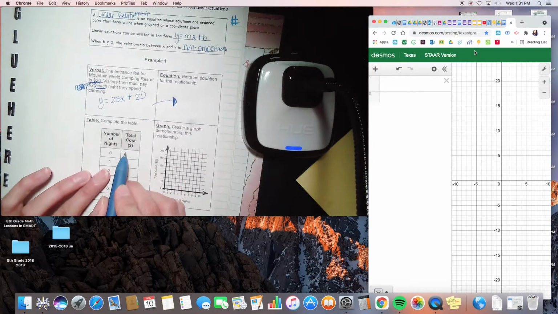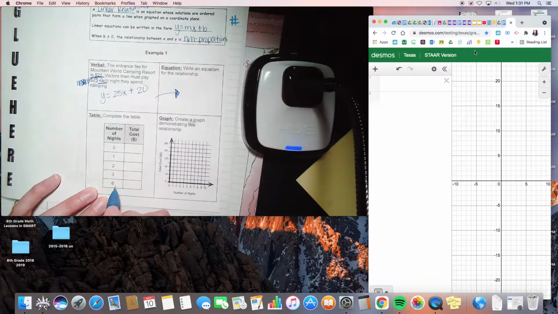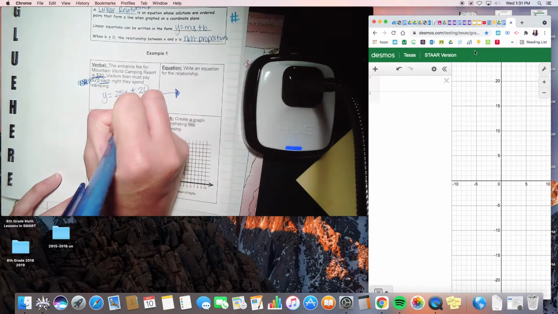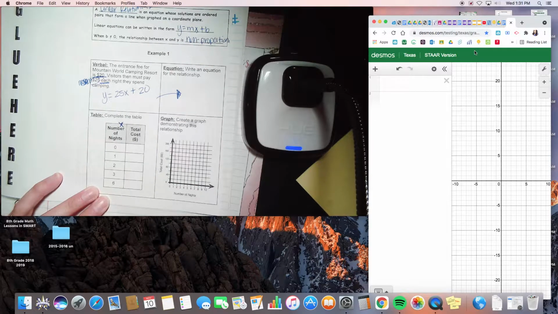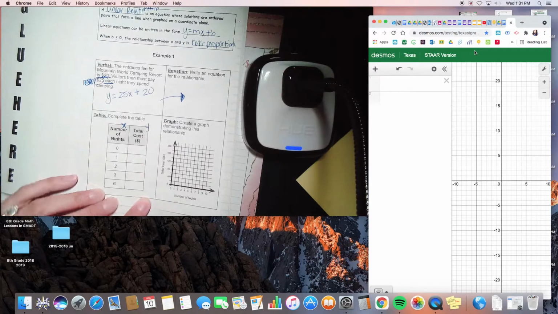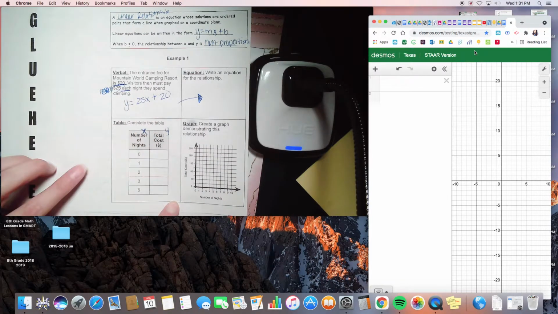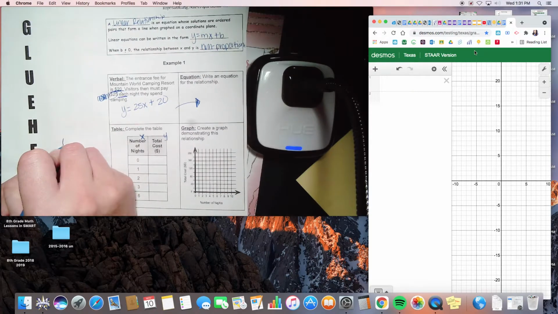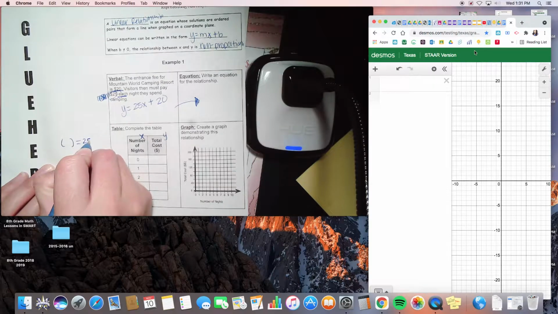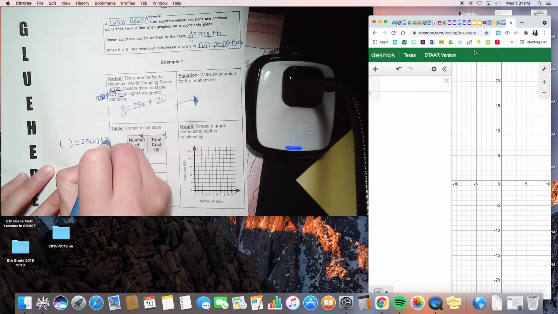Now I'm going to go ahead and fill in my table. All I'm going to do is plug in this value into my equation. So the first thing on your table is x, the second is y. So the first column would be x, this is y. And all I'm going to do again is plug in 0 for where I see an x. So I'm going to rewrite this as parentheses 25 times 0 plus 20.